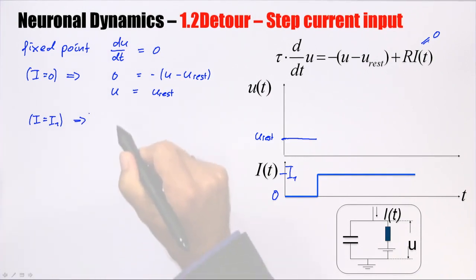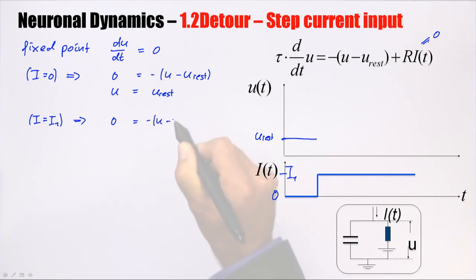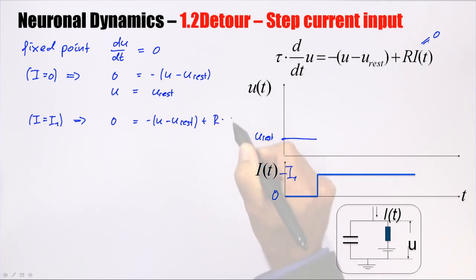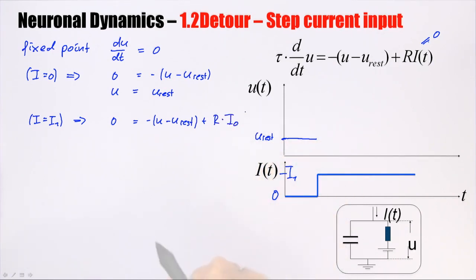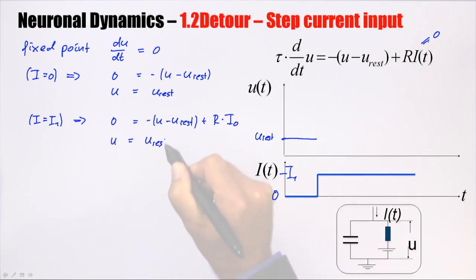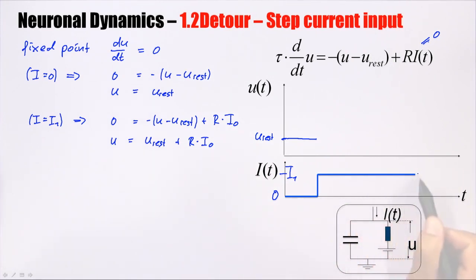Therefore, we have 0 equals u minus u rest plus r times I0, or u is equal to u rest plus r times I0. So I know that for constant input, there exists a solution for the voltage which is constant as well.